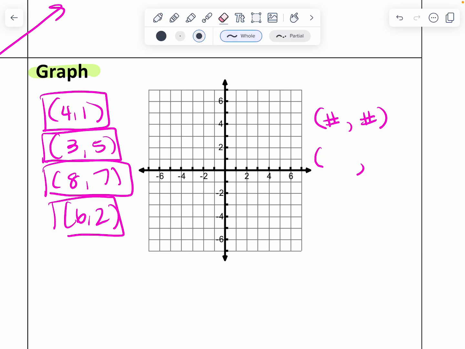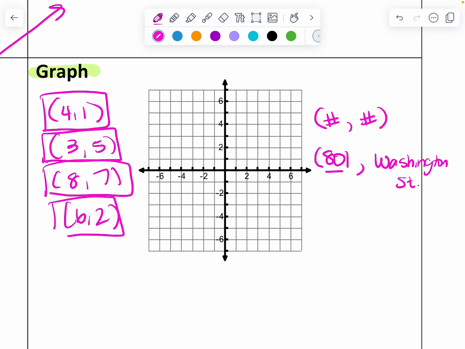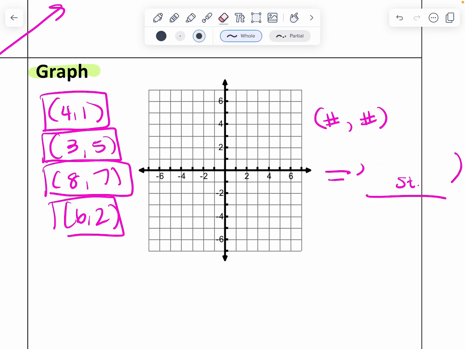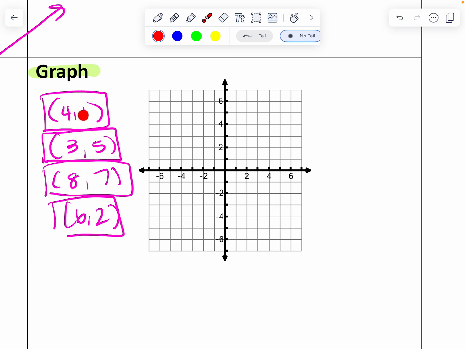Same thing, if I only gave you that I live on Washington Street, what are you going to do? Going to go down Washington and knock on all the doors? It'd be really helpful if you had both of these pieces of information to be able to find exactly where I live. That's why we need both of those numbers. Just like part of an address, it's incomplete if you don't have both of these.